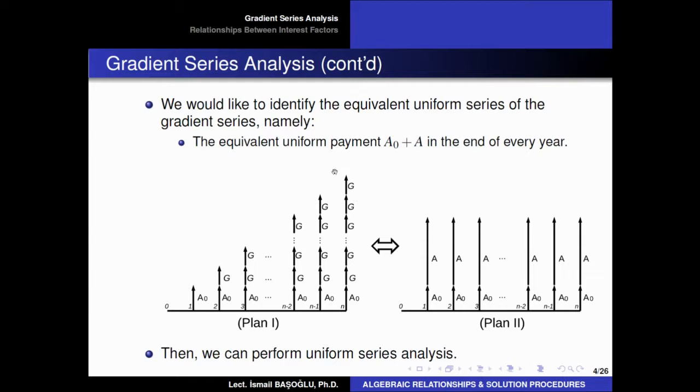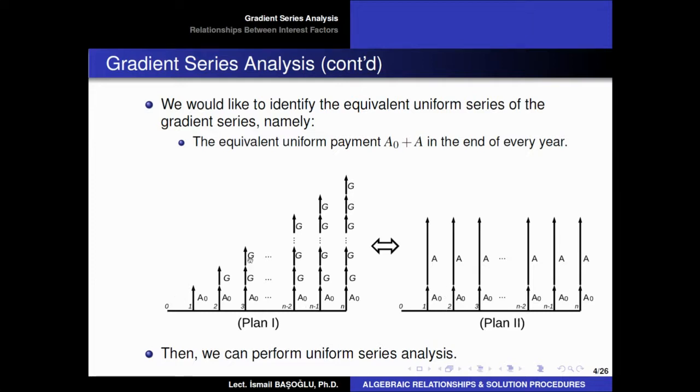So if I am given this G value as the increase of the payment size at the end of each year, I would like to convert this to a uniform series of equal amounts A at the end of each year. And the other uniform series, the base amount A0, will also be here as well.